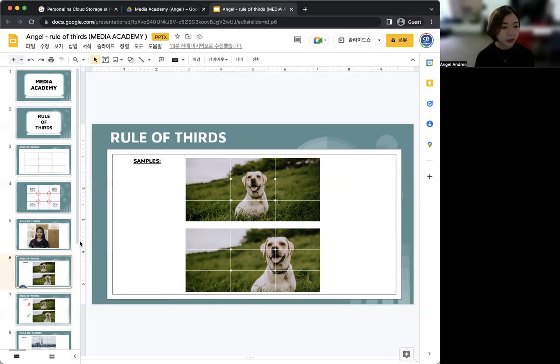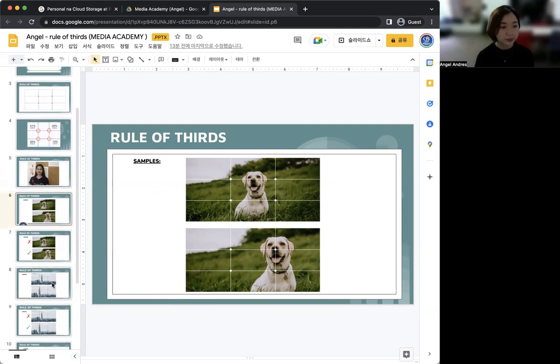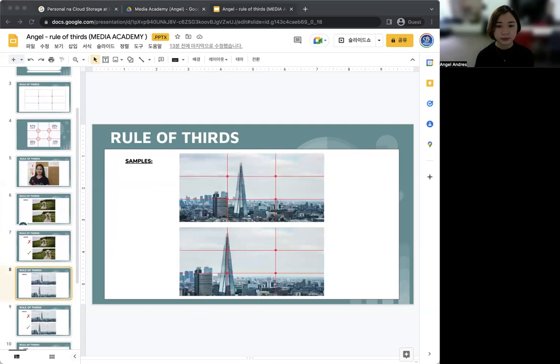Next, we also have another example here. Let us look at this cityscape image. The image itself is well composed, as you can see. To implement the rule of thirds in this image, we can shift the tallest building in the picture to the left intersection.